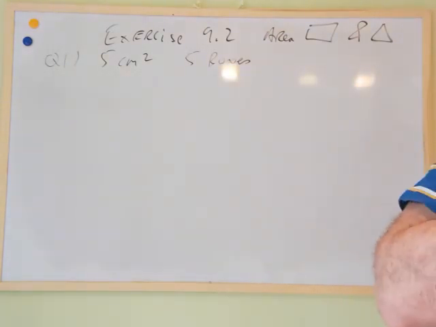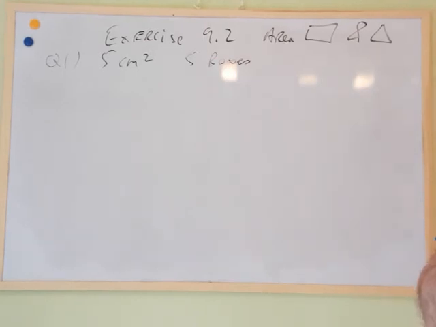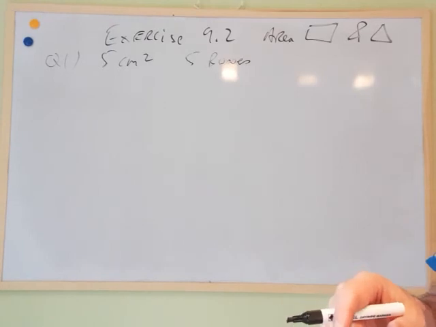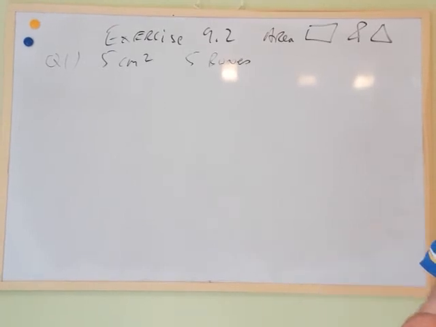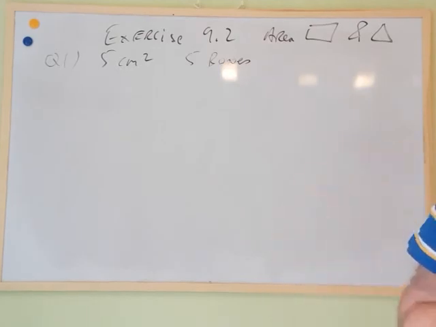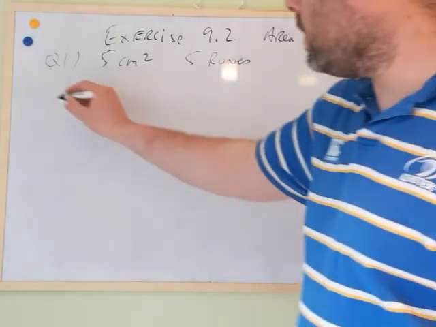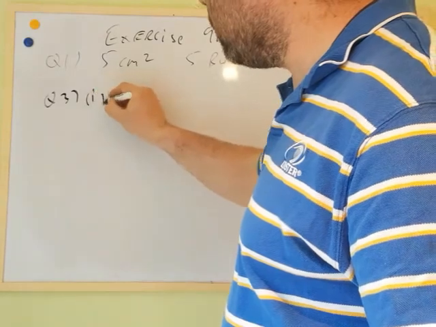Question 2. All you have to do is count the boxes. Count all the full boxes first, and then each partial box counts as a half. So 2 partial boxes count as 1 full box to give us an estimate. Okay? Question 3, part 1.